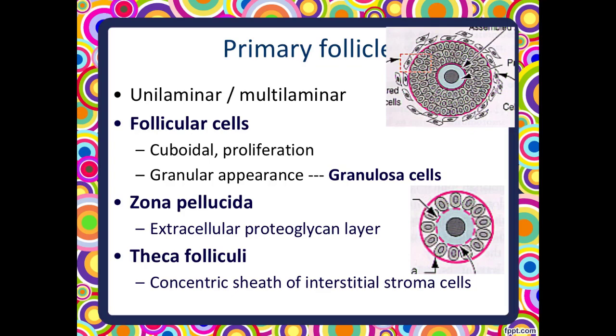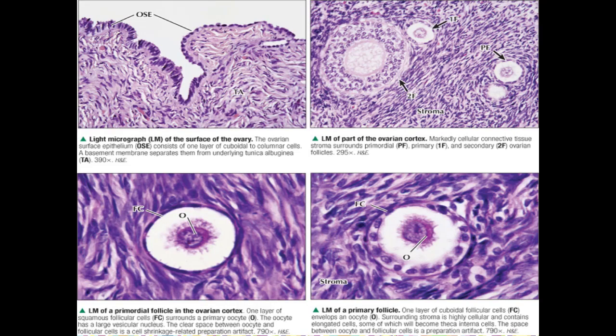So it contains fibroblasts, collagen bundles and some small vessels, which makes theca folliculi a proper typical endocrine organ. So that's the primordial follicle.